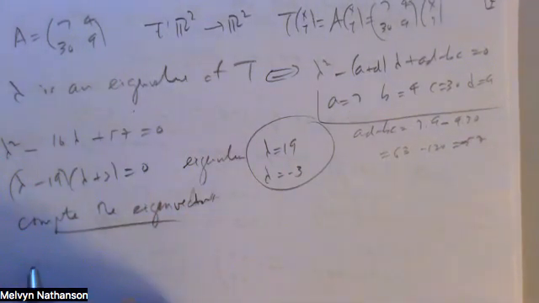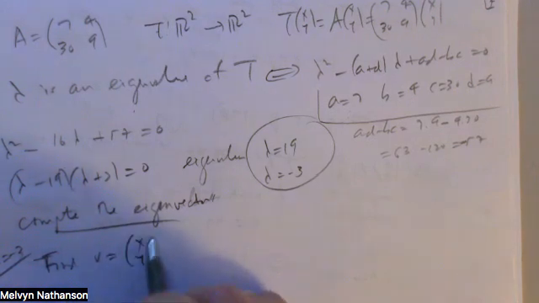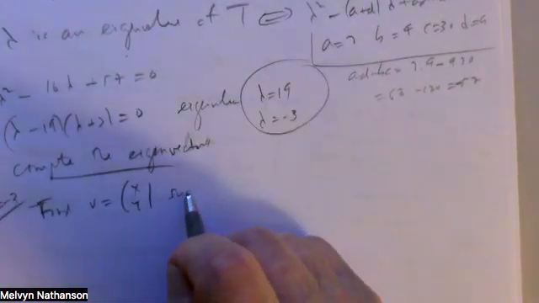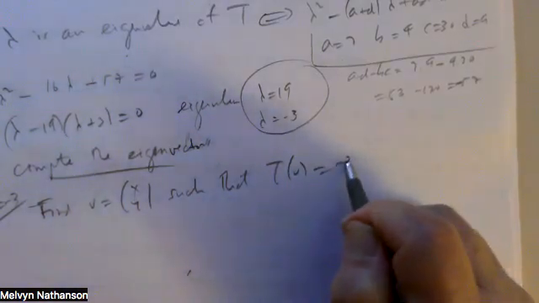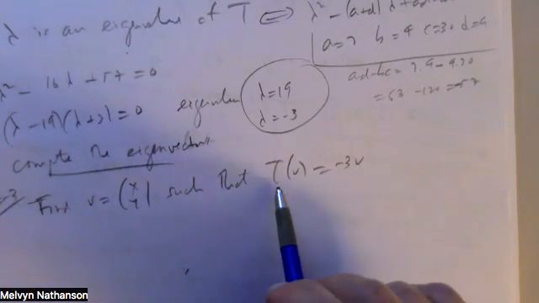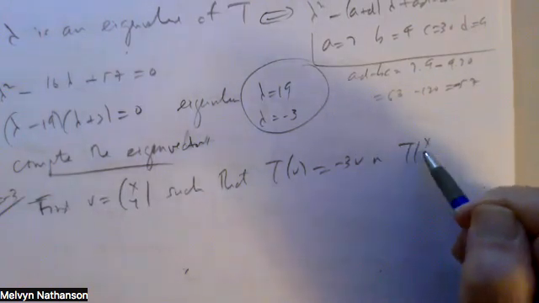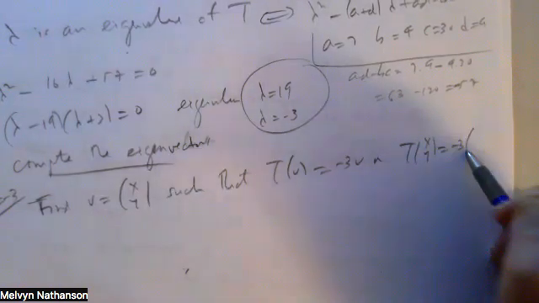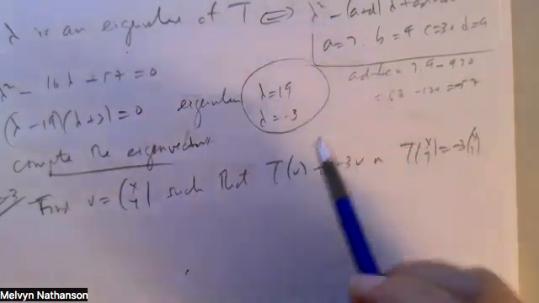So suppose we take lambda equal to minus 3. We want to find a vector v equal to (x, y) such that T of v is minus 3 times v, or T of (x, y) is minus 3 times (x, y).